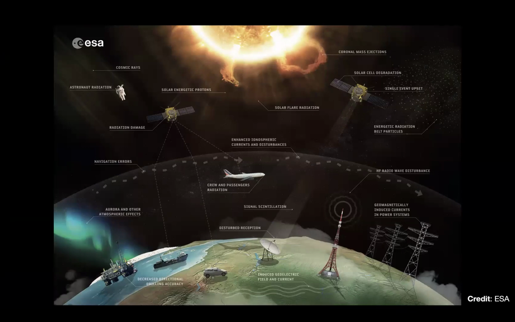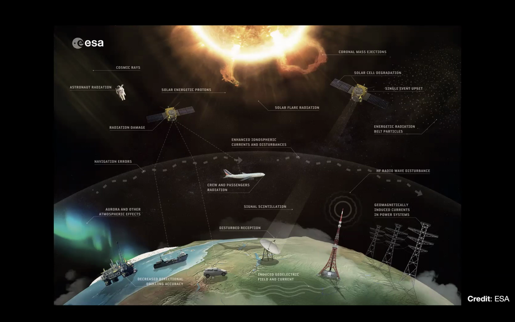This is an infographic from the European Space Agency showing a selection of the different technologies that can be affected by solar activity through space weather. So we have satellites here, where the solar particles can increase the friction for satellites, causing satellites to fall down, which has happened in the past, for example, with SpaceX satellites.